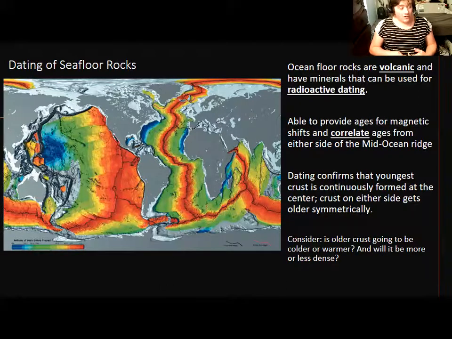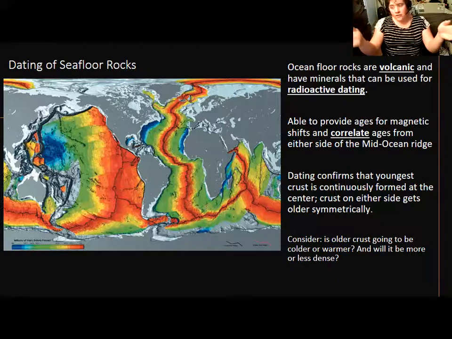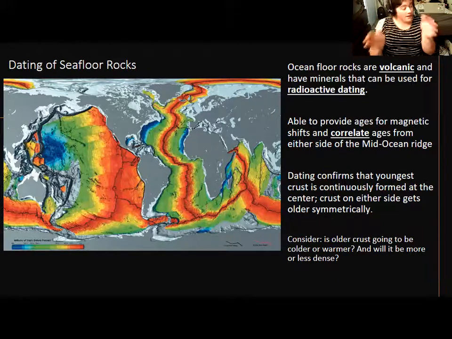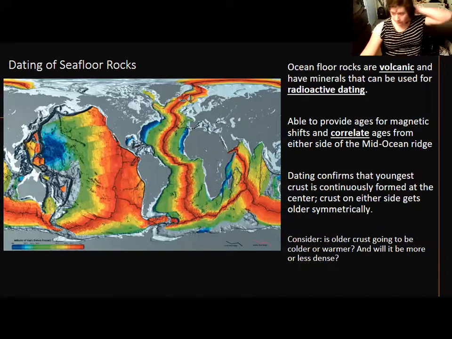So what they can do is provide ages for how old these rocks are and correlate them on either side of the mid-ocean ridges. So what they found was that the rocks at the center, closest to the active volcano, were youngest, and that as you went away in either direction, the rocks got older, and symmetrically, aka if you went 20 miles to the east from the center and 20 miles to the west from the center, the rocks would be the same age and also have the same magnetic properties.